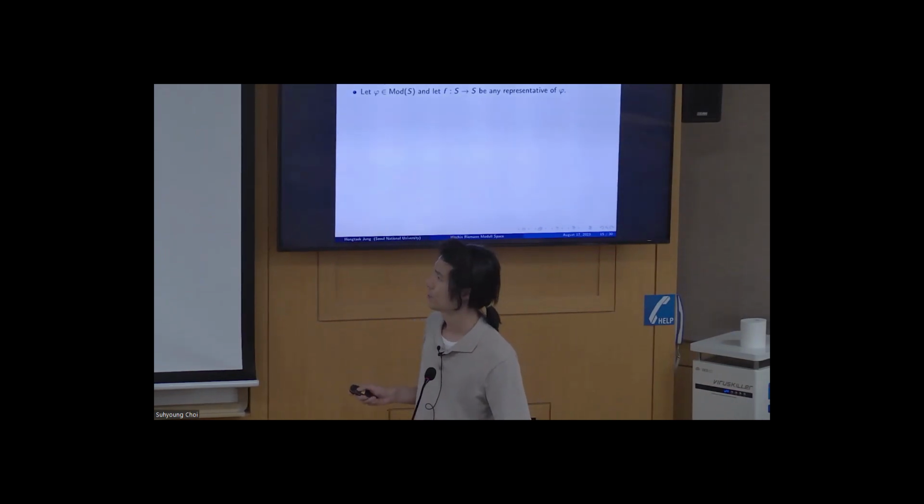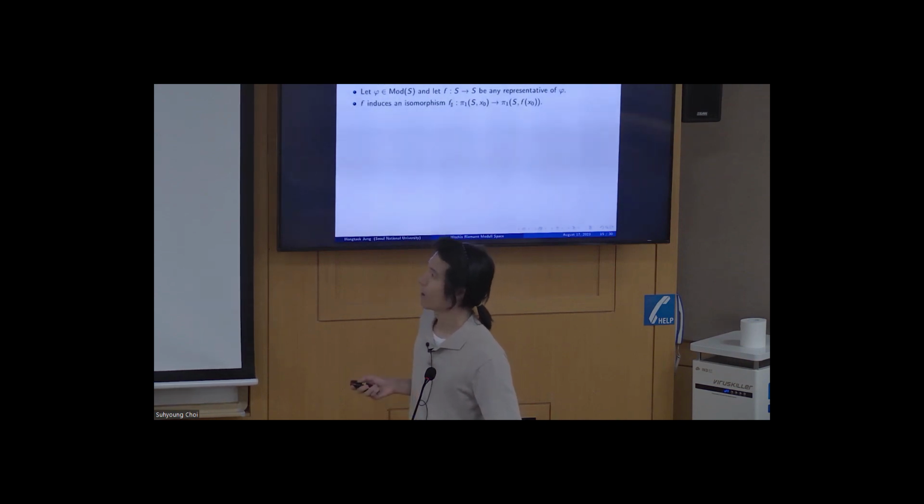If you are given a mapping class group element, we can pick a representative that is an actual orientation-preserving diffeomorphism in the class. It of course induces an isomorphism on the fundamental group, but the base point might be shifted.